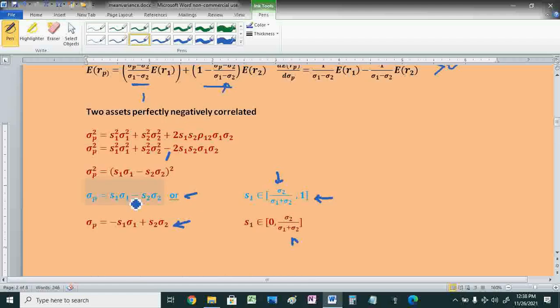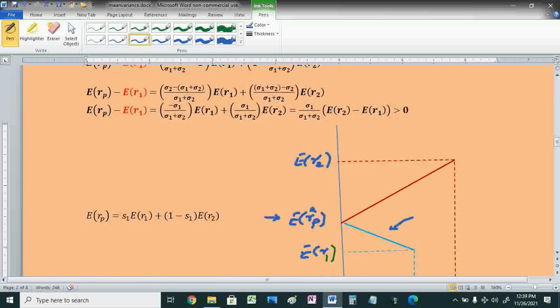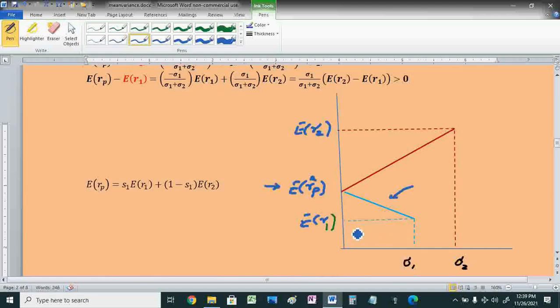Similarly, if I put S1 equal to 1 in this first root, then I will be getting sigma p equal to sigma 1. So if I put S1 equal to 1, my expected return is equal to ER1, and my portfolio standard deviation is equal to sigma 1. So this is this point that I am able to get.